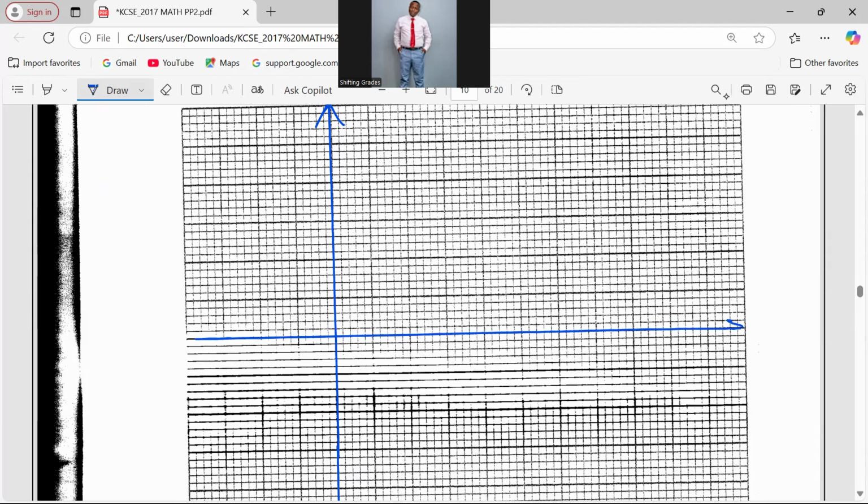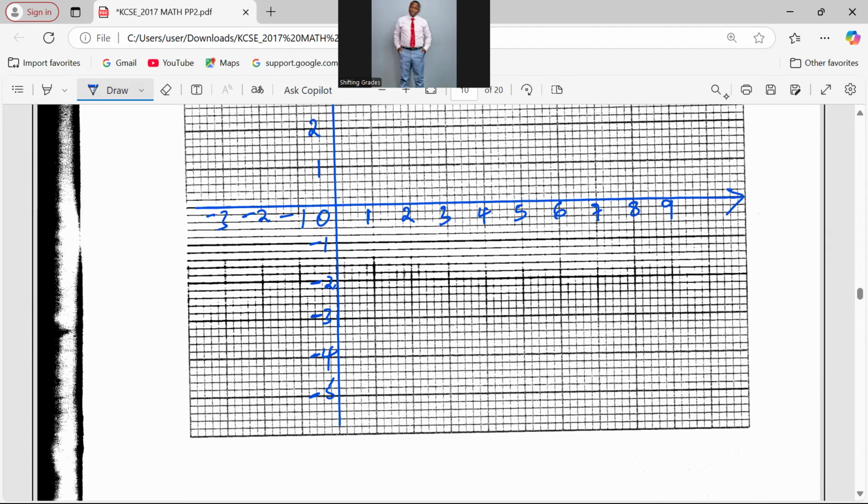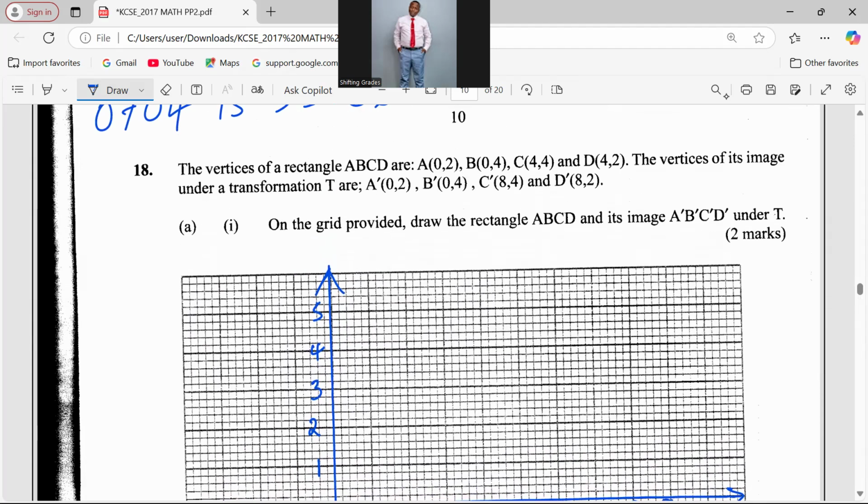Now we have 0, 1, 2, 3, 4, 5, 6, 7, 8, 9, then -1, -2, -3, -4, -5, and -1, -2, -3 on the other axis.